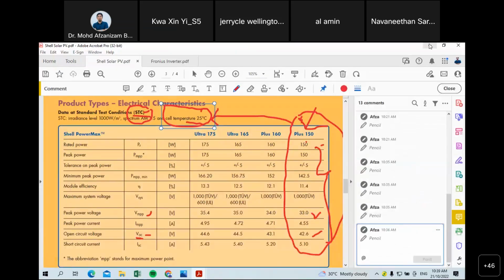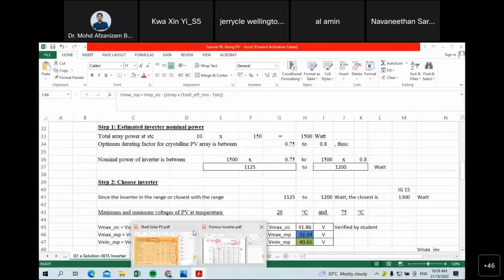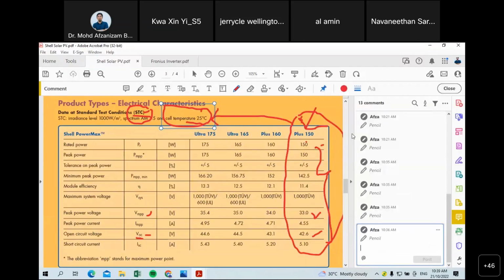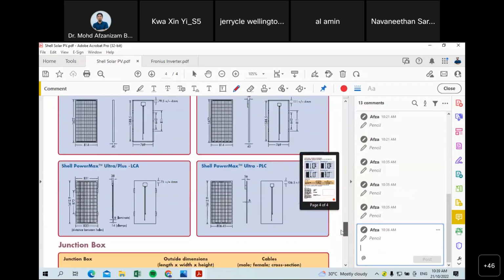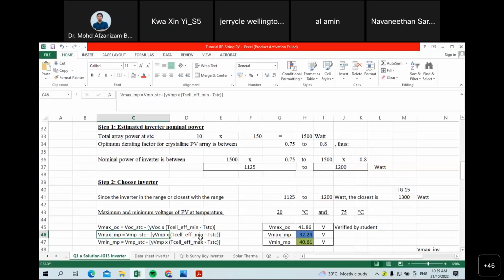Then we insert STC, and use the gamma VMP from the data sheet as well. Then insert T cell effective minimum, the minimum 20 from earlier, minus TSTC 25. What is the final answer?